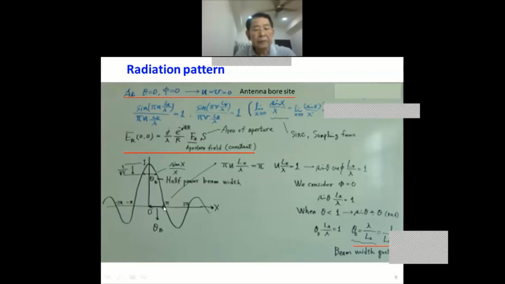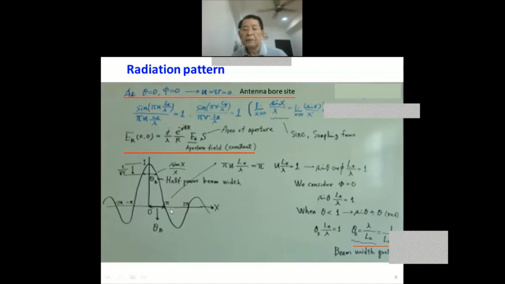And this angle is almost the same as this angle. So this first 0 point is where the variable becomes pi. So from this calculation, at this point, the sine is 1. When theta is small, sine theta is expressed by theta.